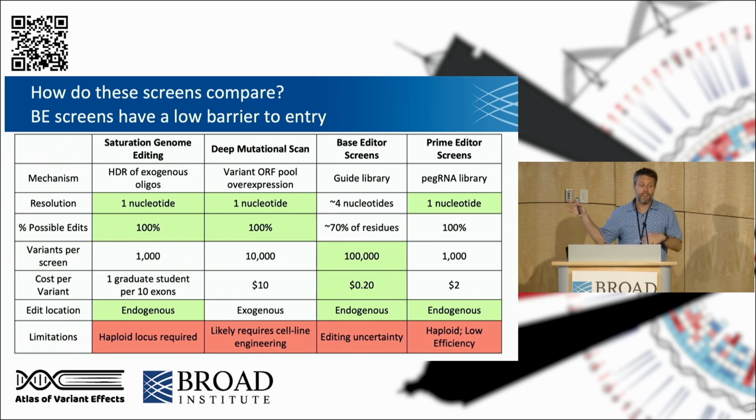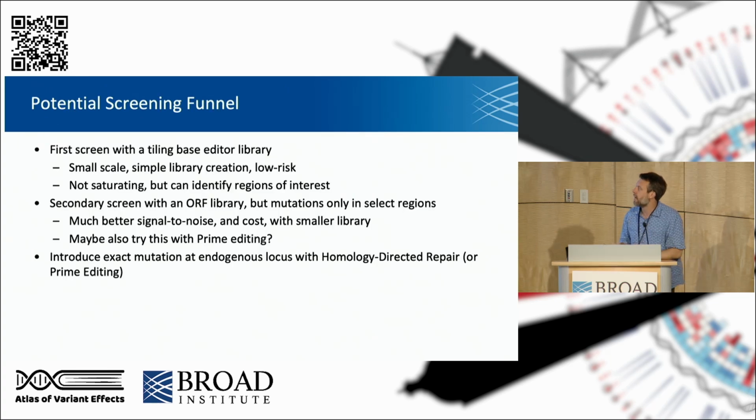But they have the benefit of being extraordinarily scalable. It's pretty easy to do 100,000 guide RNAs this way. They're really cheap relative to these other approaches because you're really just sequencing the guide. They have the benefit of editing the endogenous locus. You're not relying on a reporter. So I think they have a really useful place in the toolkit.